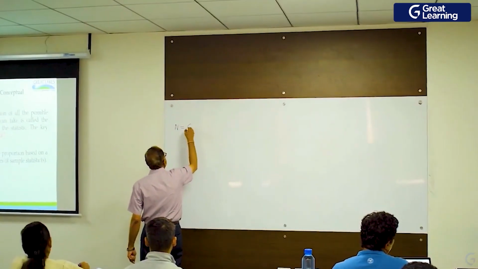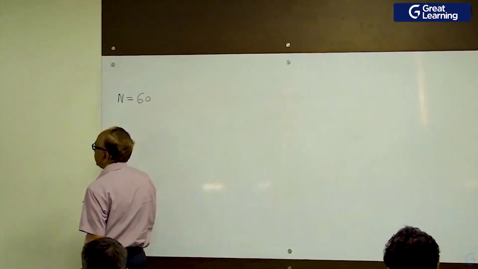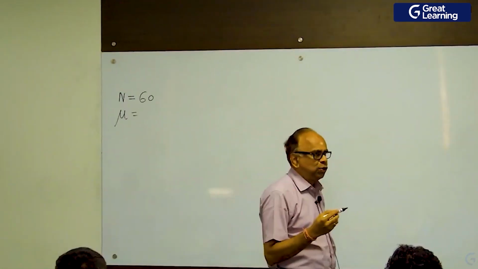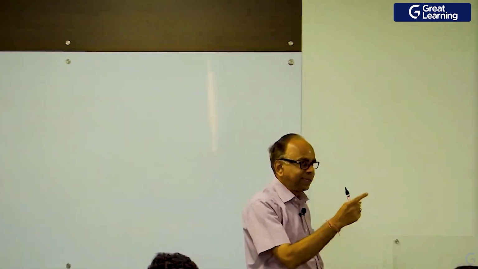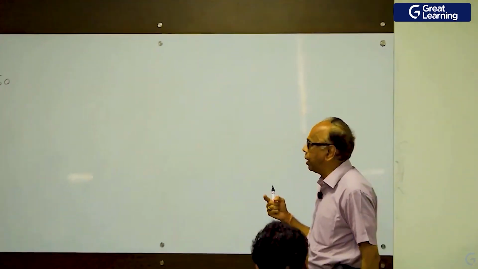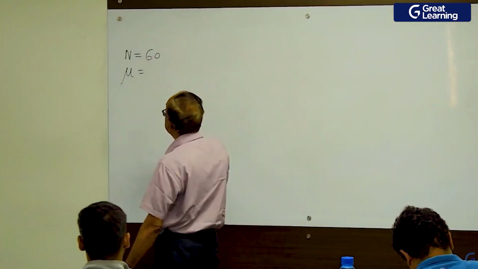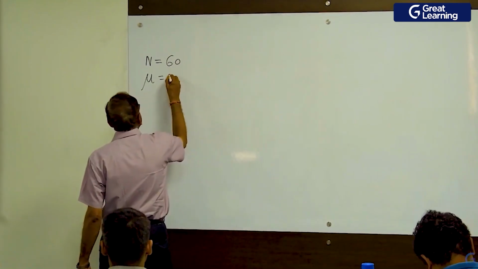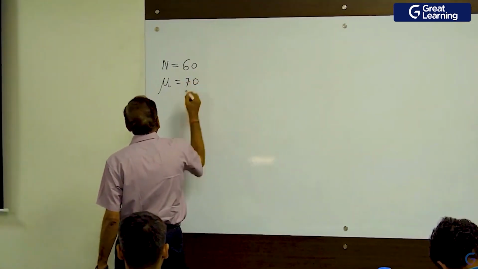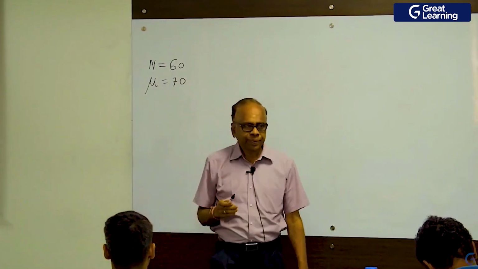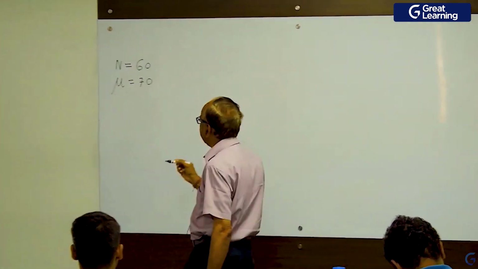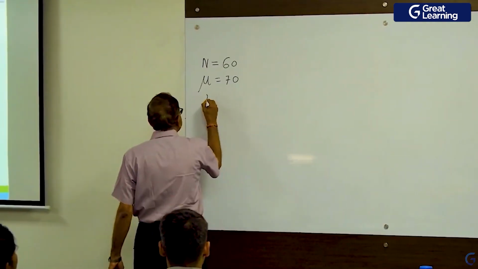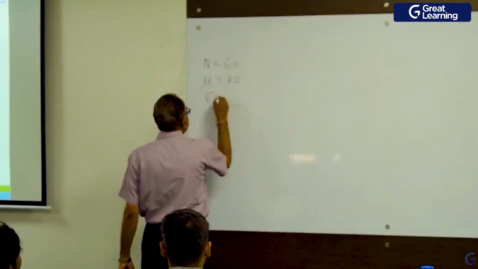This is my population, 60 observations. I use the Greek symbol mu to represent the average class mark. Let's be generous, the class is excellent, 70 is the average mark. The standard deviation, let's say, is equal to 4.